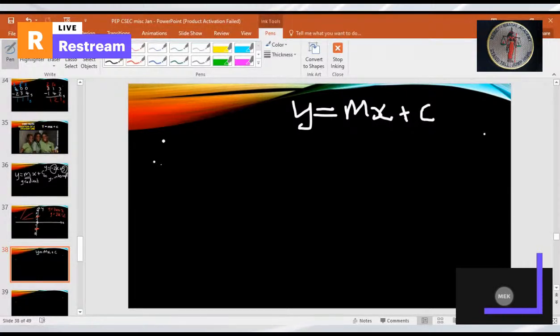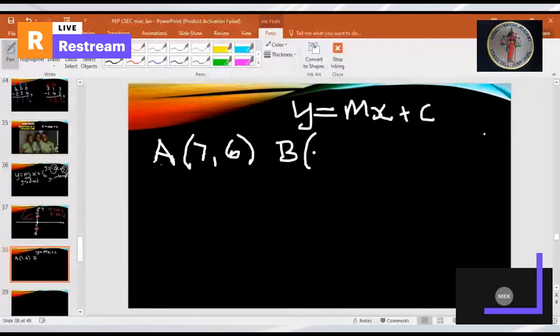Let's say we know 2 points along that line. Point A is 7, 6, and point B is 3, negative 5. We call these coordinate pairs.